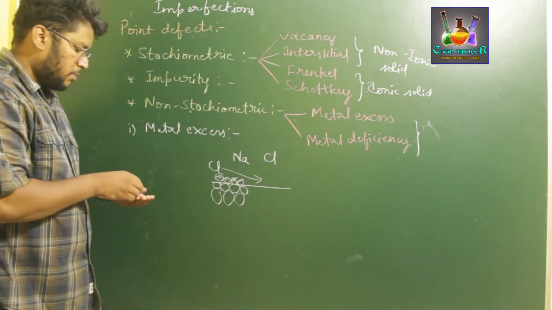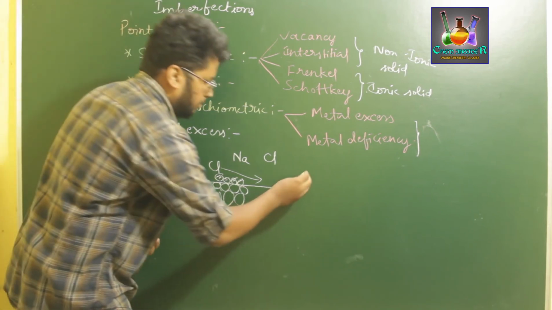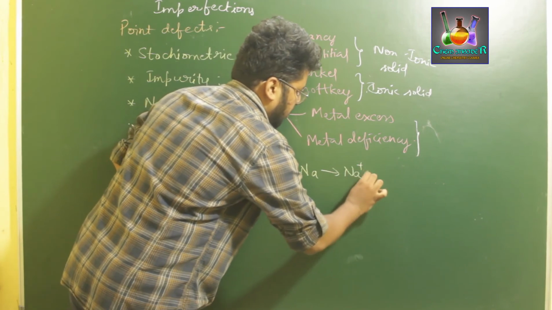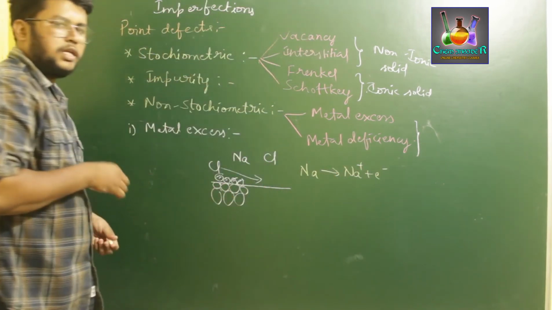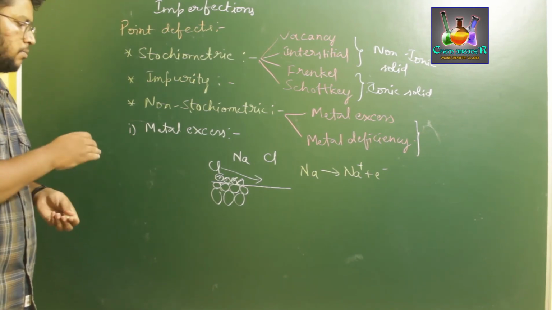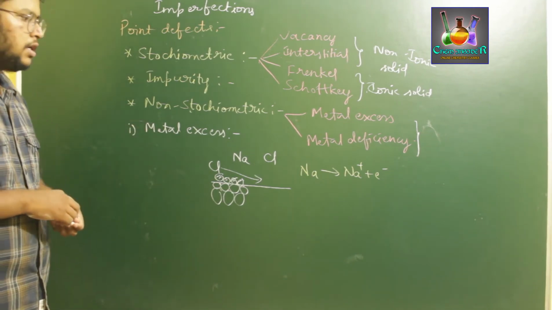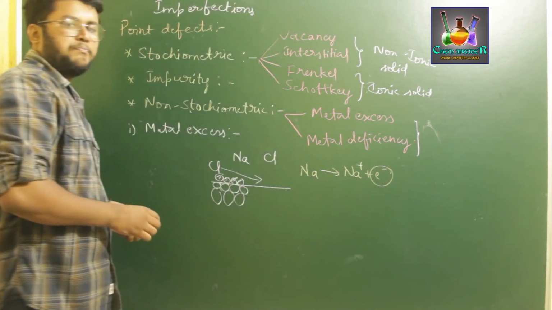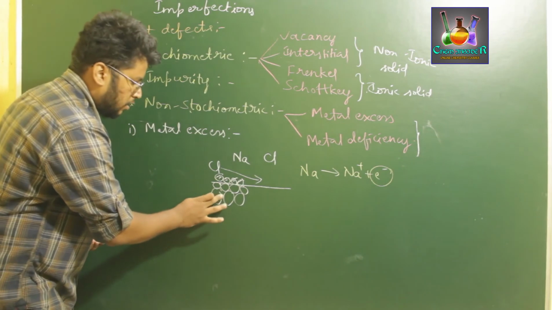Now when sodium is reacting with the chlorine atom, sodium loses an electron to form Na+. When the chlorine is on the surface of the sodium, these electrons released by the sodium atom may jump into the vacant site.